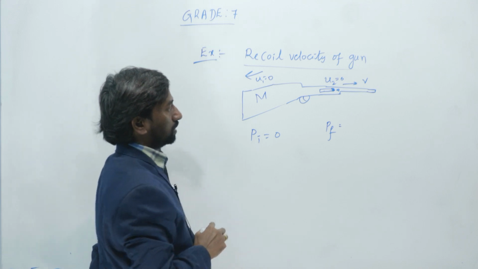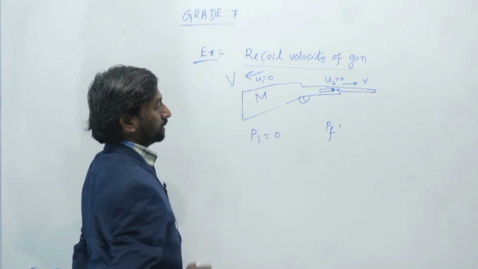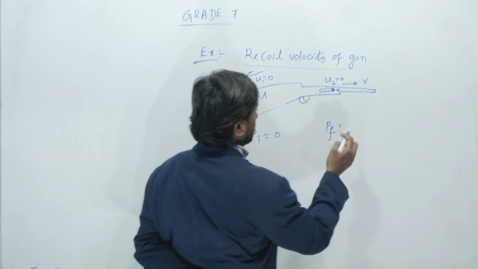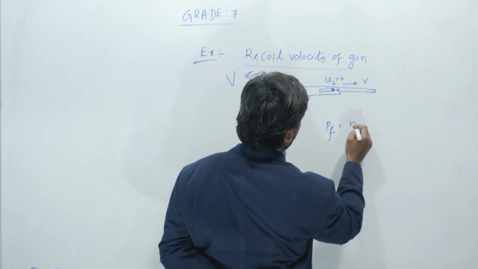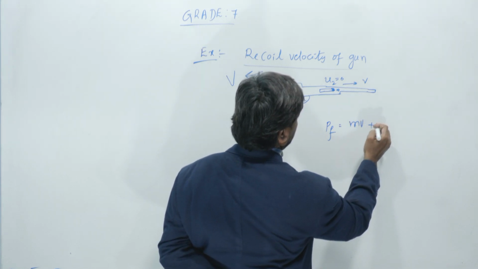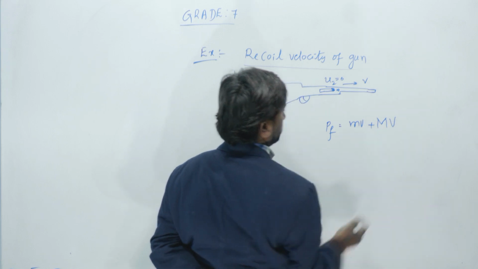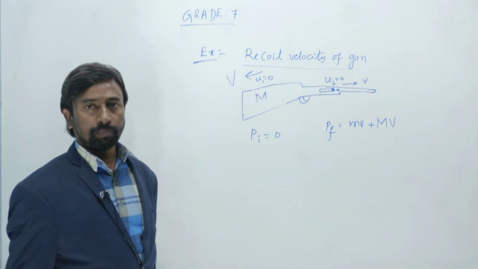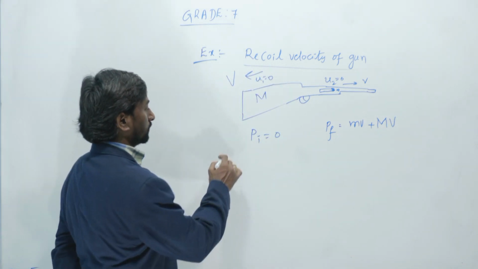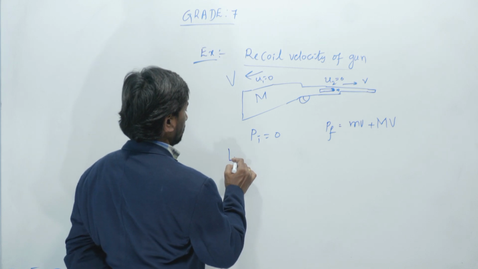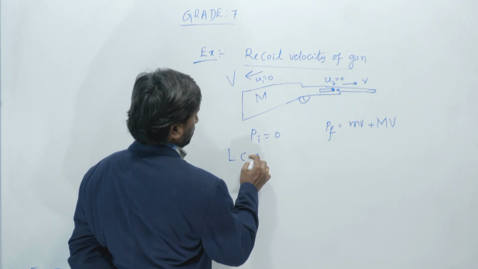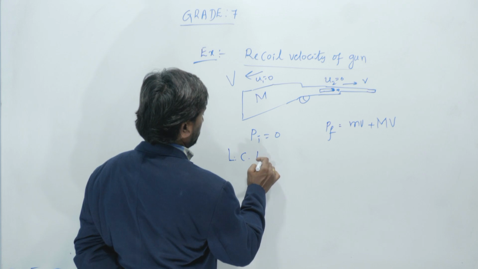That is the recoil velocity, capital V. Now the total momentum becomes small m into small v plus capital M into capital V, according to the law of conservation of linear momentum.